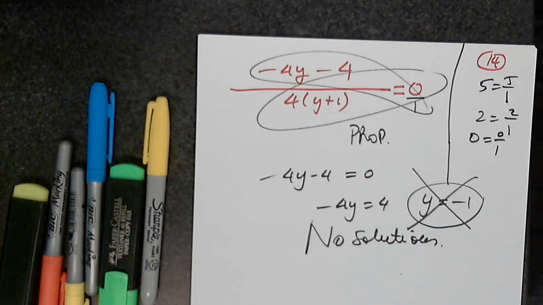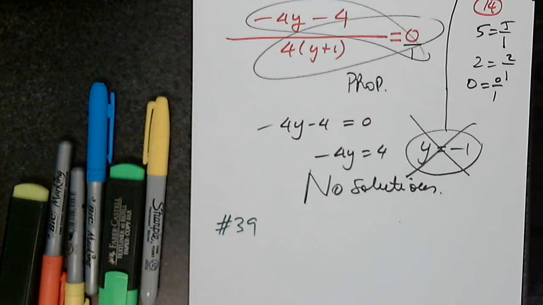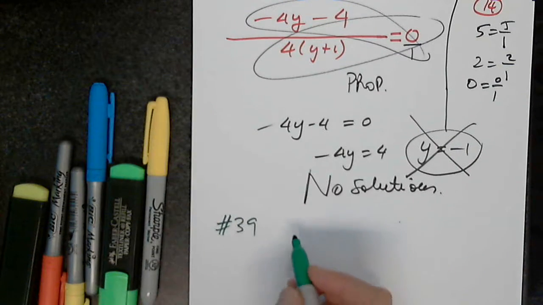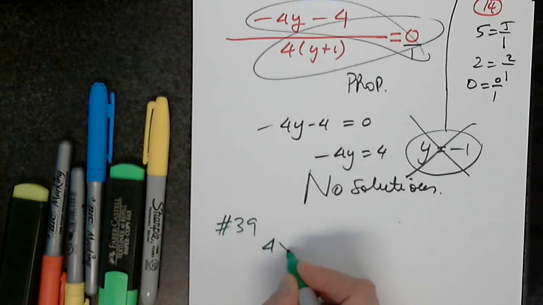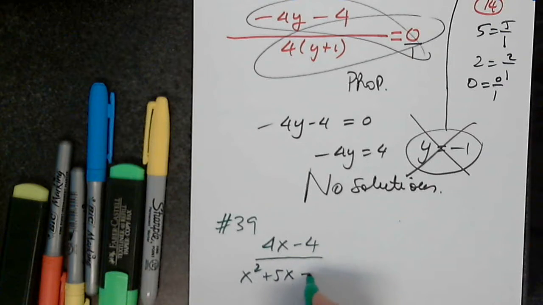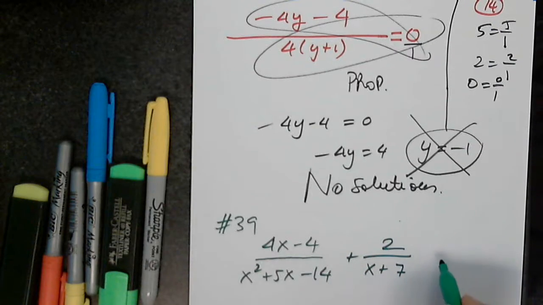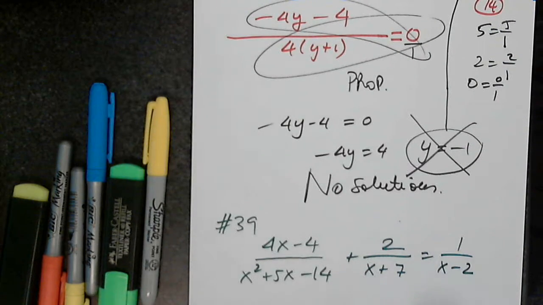Okay, I would like you to work on problem 39 now. For r, I'll change it to x, it's just easier. 4x minus 4 divided by x squared plus 5x minus 14 plus 2 over x plus 7 equals 1 over x minus 2.